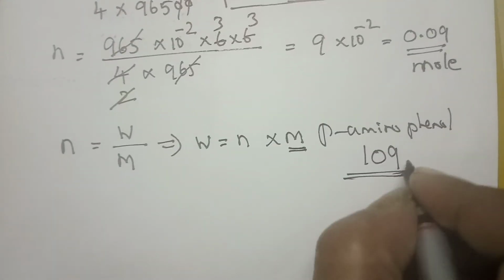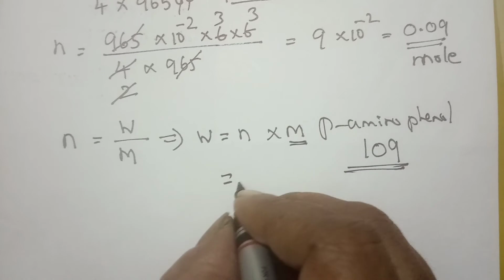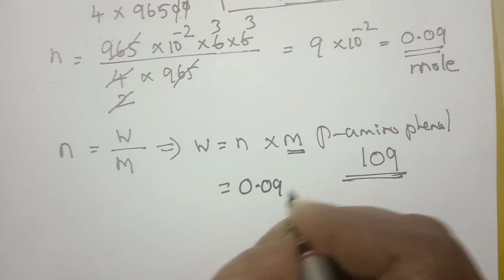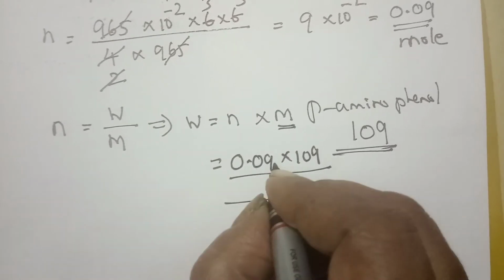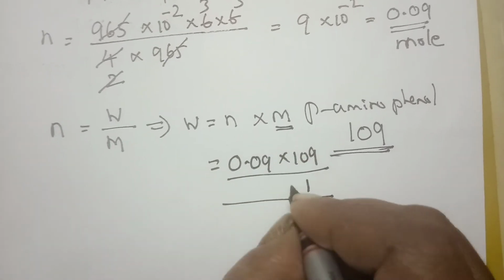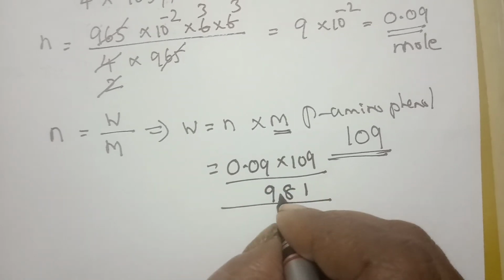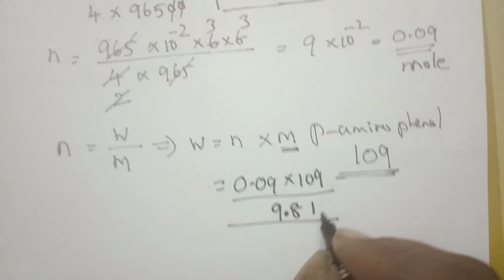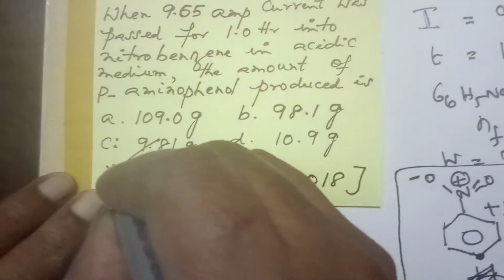You know how to calculate it, it is 109. Now let us substitute the number of moles 0.09 into 109. On multiplication, 9 9s are 81 and 9, with 2 decimal digits, so your answer is 9.81. Let us see the answer here. Option is C. With that we are concluding the answer.